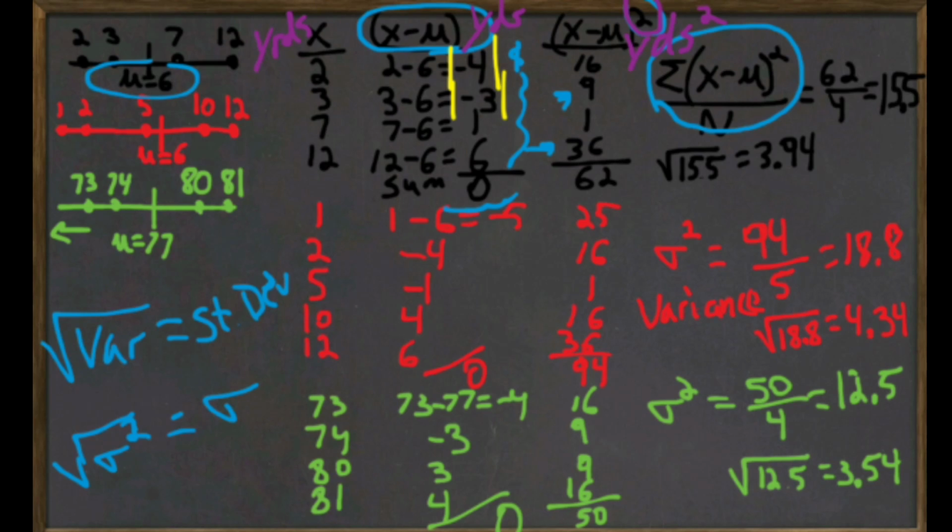And what that's caused is kind of a ballooning of our values. When we take that square root, the units get square rooted as well, and we return back to yards. So standard deviation returns back to the units in which our variable is kept.